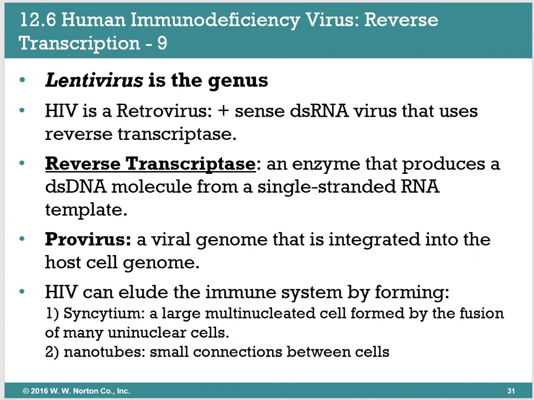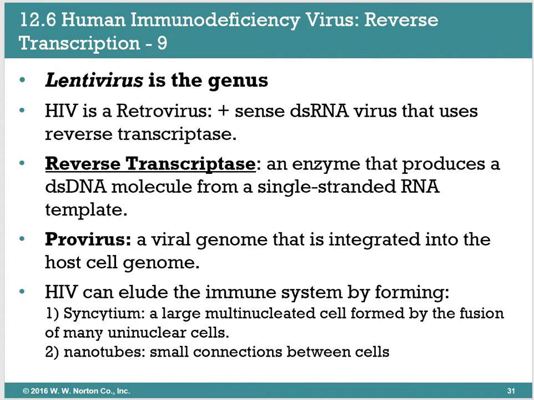And then also, something called a provirus is produced a lot of times with him, where the viral genome is integrated into the host genome. And then also with HIV, he has two main ways of eluding, so avoiding, our immune system.